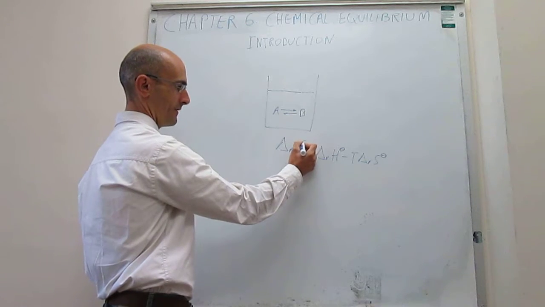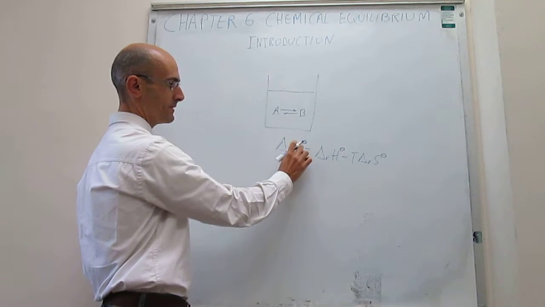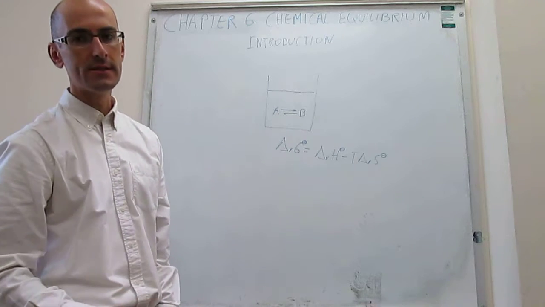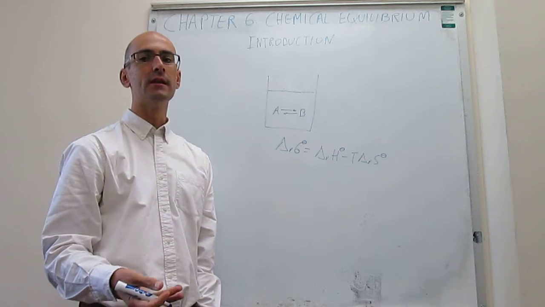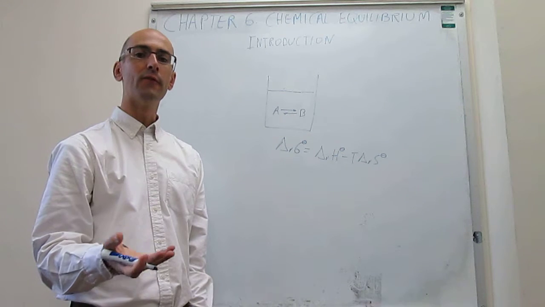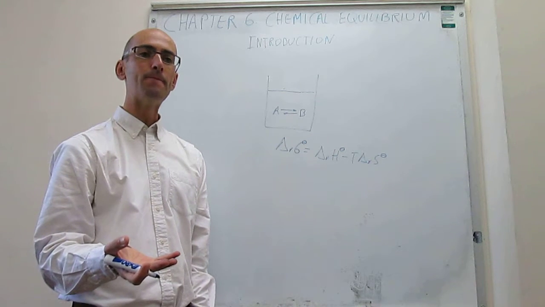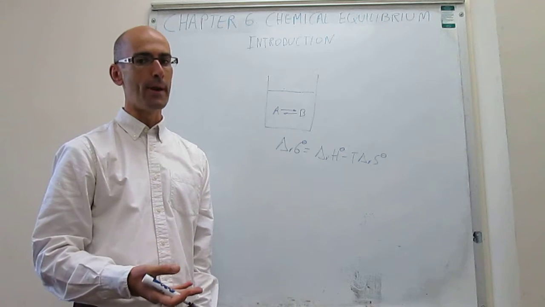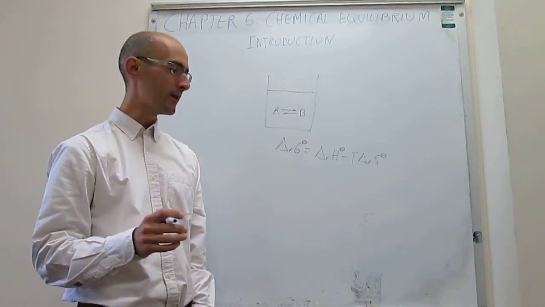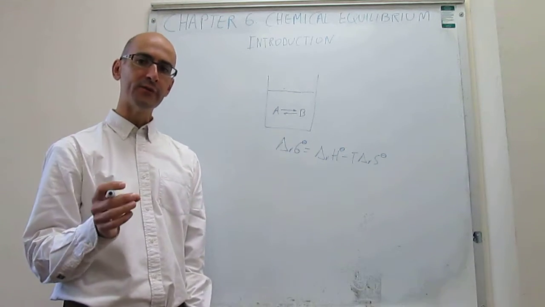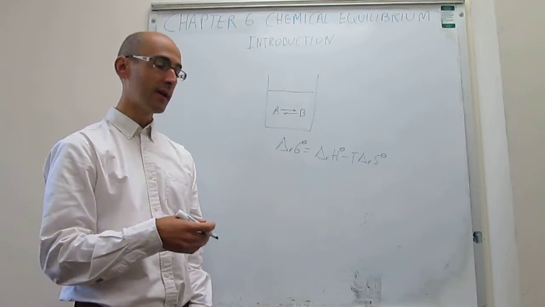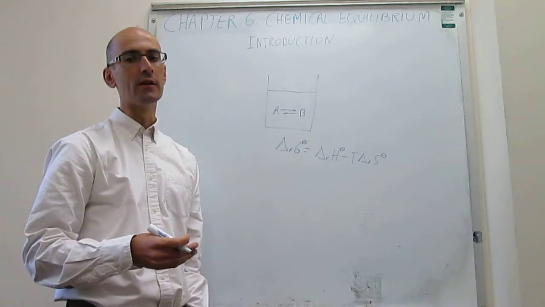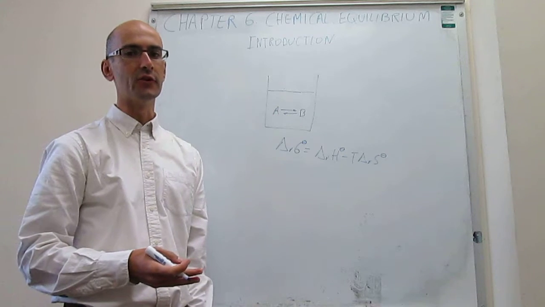That means that our calculations have been limited to something that is called the standard state. And what is the standard state? Well, the standard state, from the values in the tables, is one in which the pressure was equal to 1 bar. So only when you have a pressure equal to 1 bar can you actually use the values that we have calculated. But you can see how this is clearly very limiting.